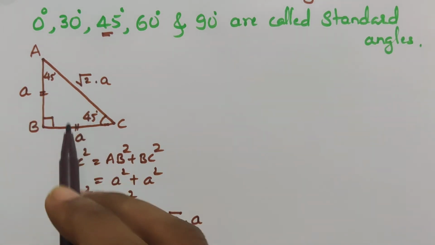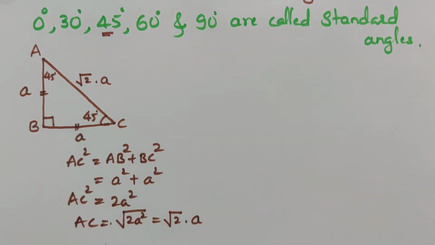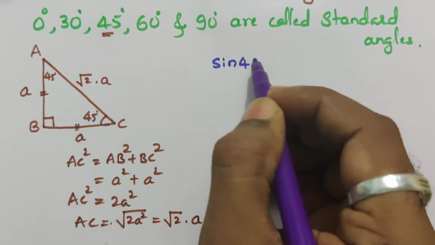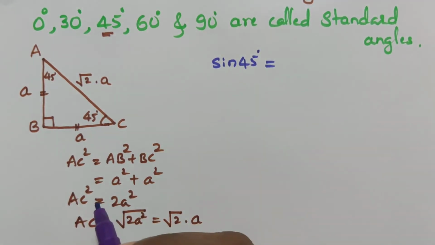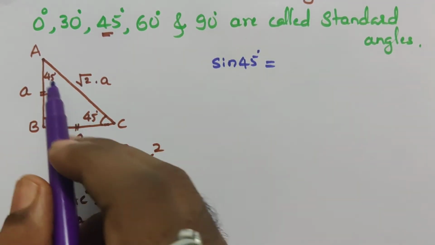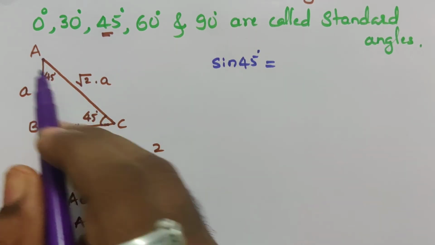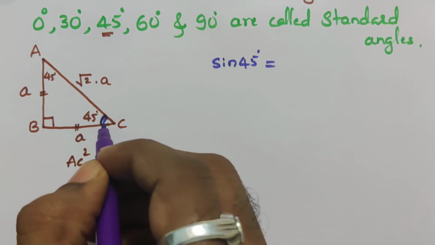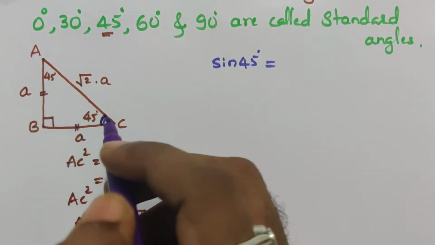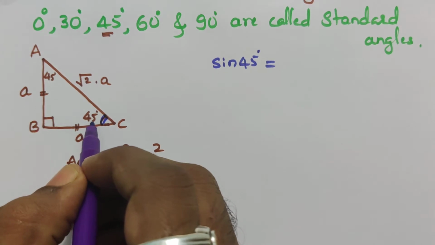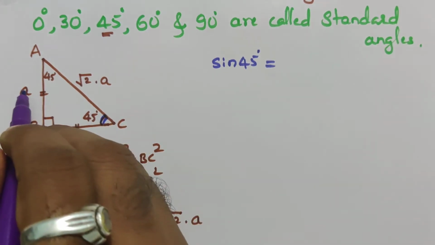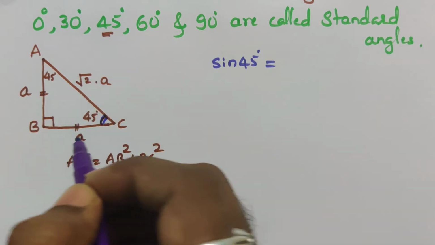So now you have all three sides. Suppose you want to write the trigonometric ratios of 45 degree, let us say I want to find sine 45 degree. You can take angle A or angle C, both are 45 degree. If I take C as 45, with respect to this angle this is going to be your opposite and this is your hypotenuse.